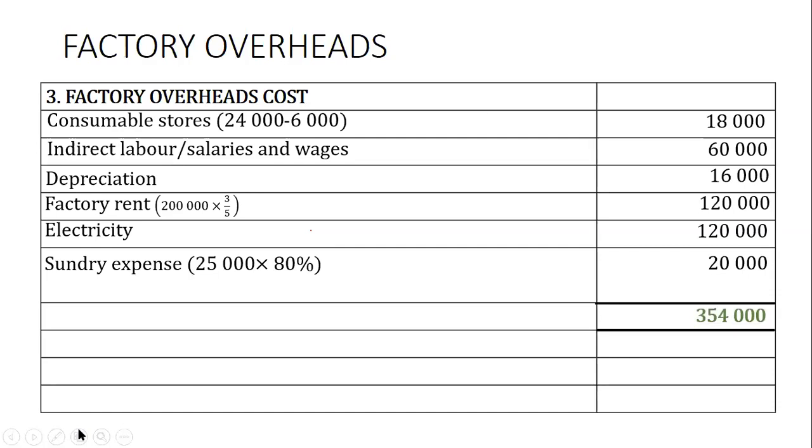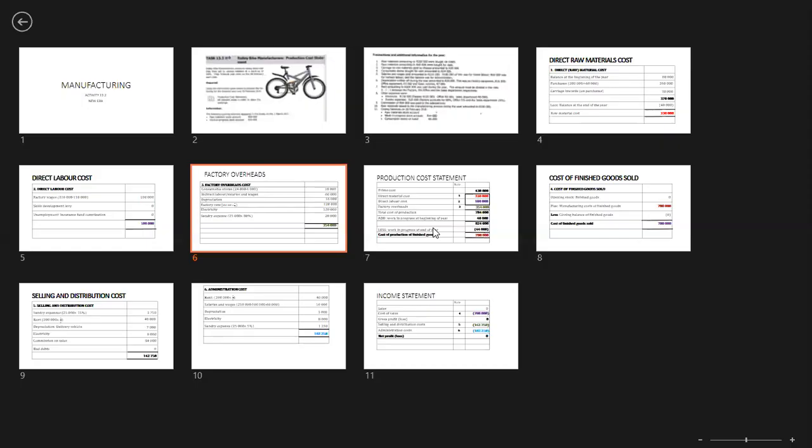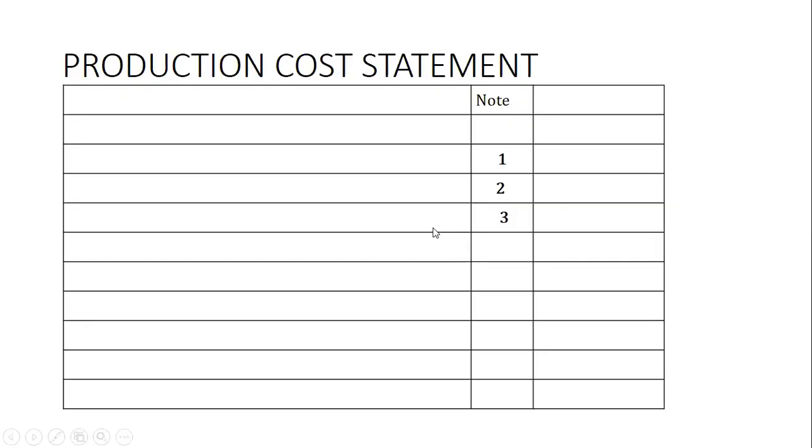Where do I take them to? Production cost statement, which starts with our direct material cost. You will put it as it is, which is 330. What's next? Then you have your direct labor cost, which is 100,000.